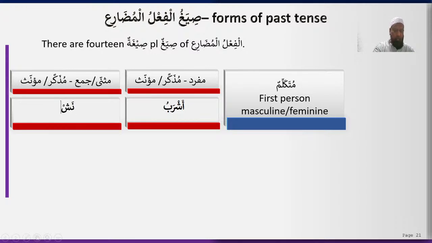And نشرب مرفوع وعلامة رفعه الضمة الظاهرة على آخره والفاعل ضمير مستتر وجوبا تقديره نحن. Okay, so these are the 14 forms of فعل المضارع.